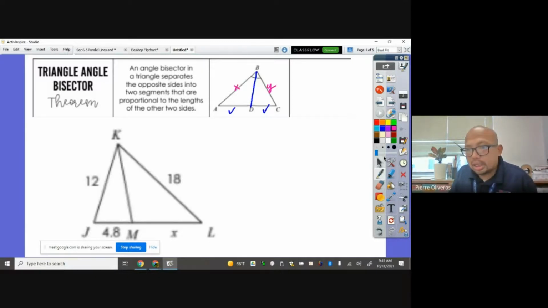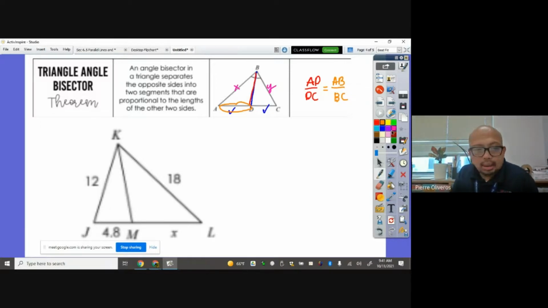So if I have this angle bisector, I know that AD over DC, the two segments of the opposite side crossed by the angle bisector, will be proportional to the other sides. Since AD is on the left side, I'm going to use here AB, which is also on the left, over BC, which is on the right side.